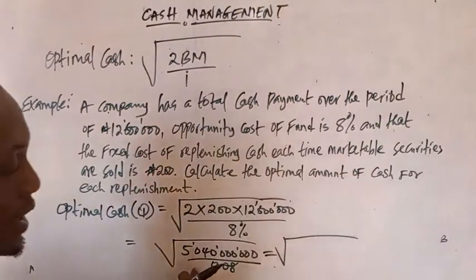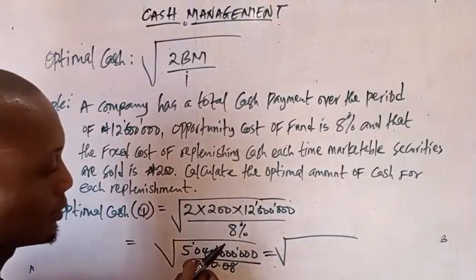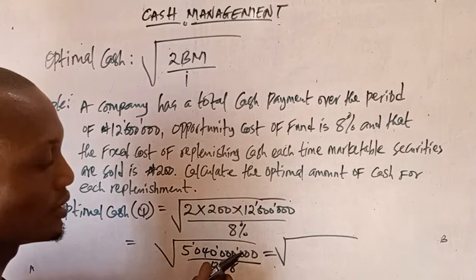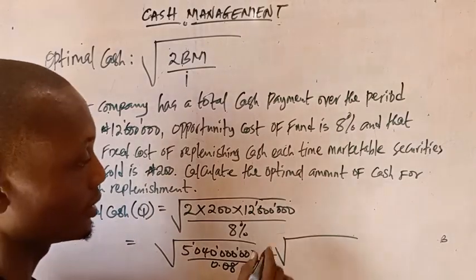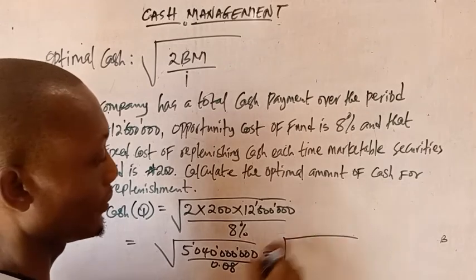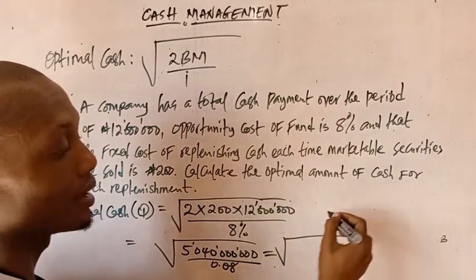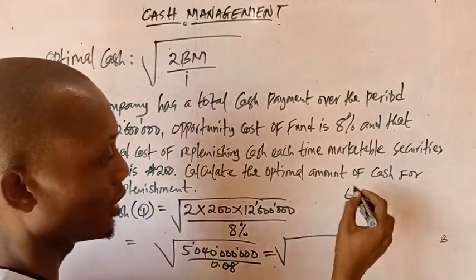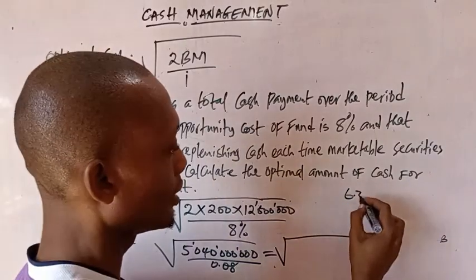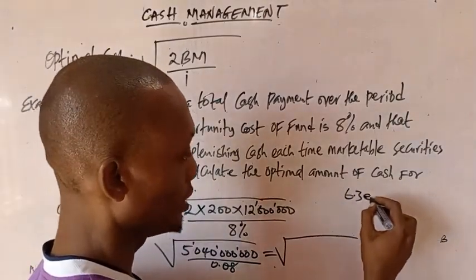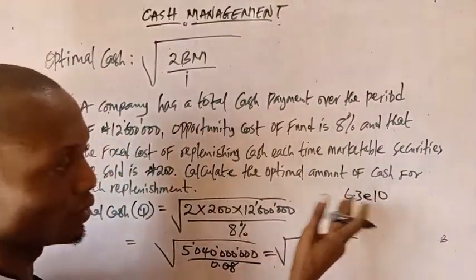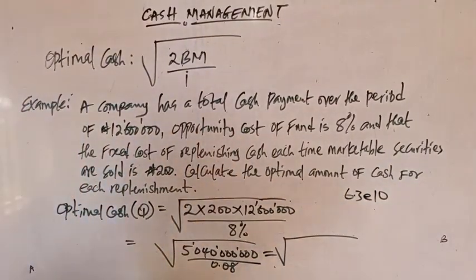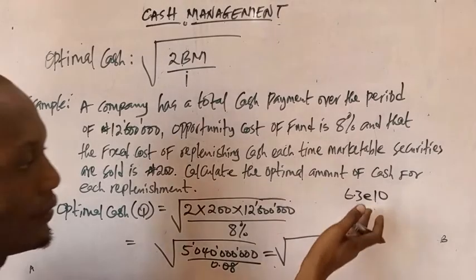When you divide this 5 billion and 40 million by 0.08, the answer you are going to have will be 6.3 exponential E10. What does this mean? How are you going to interpret this?